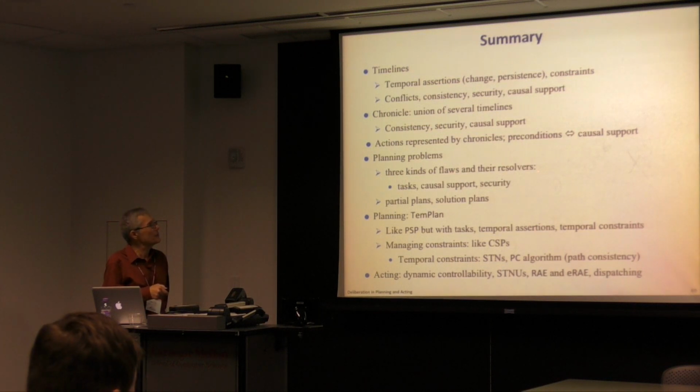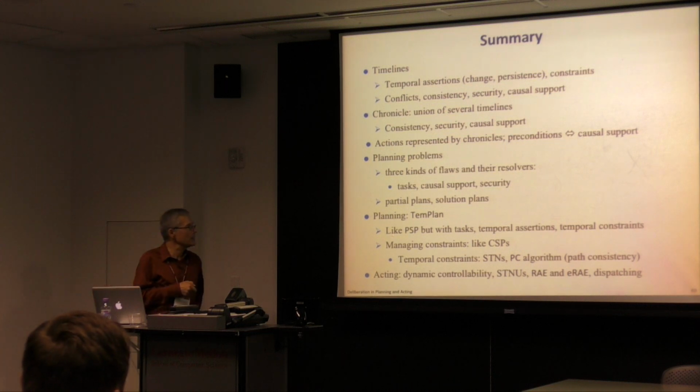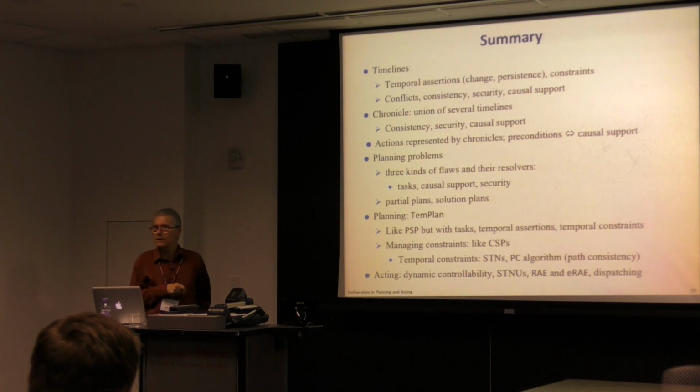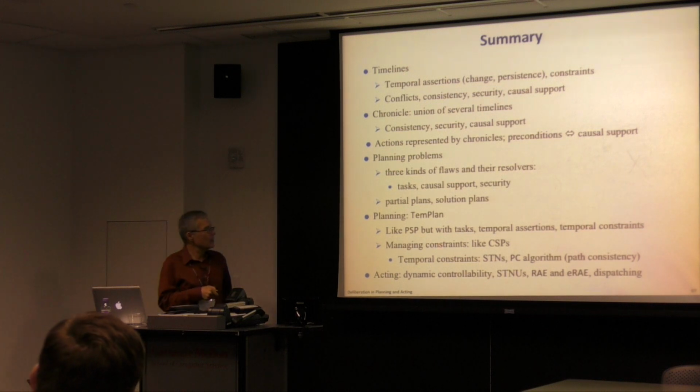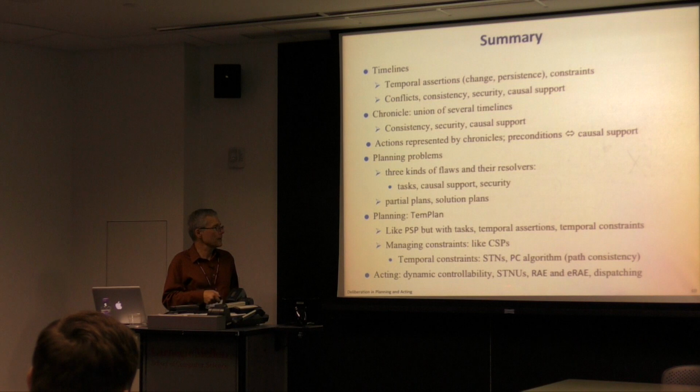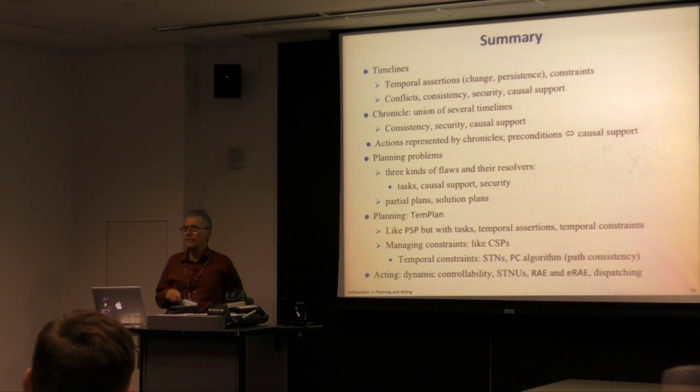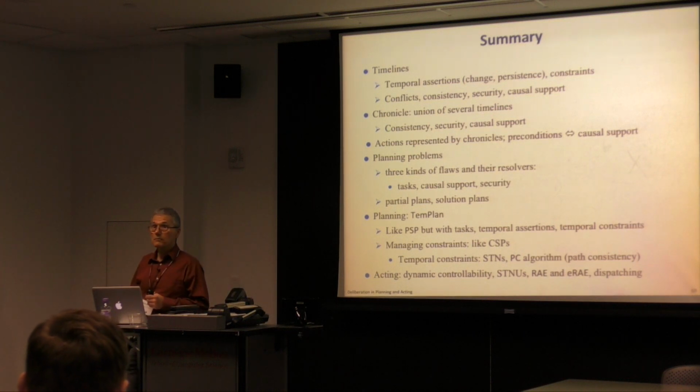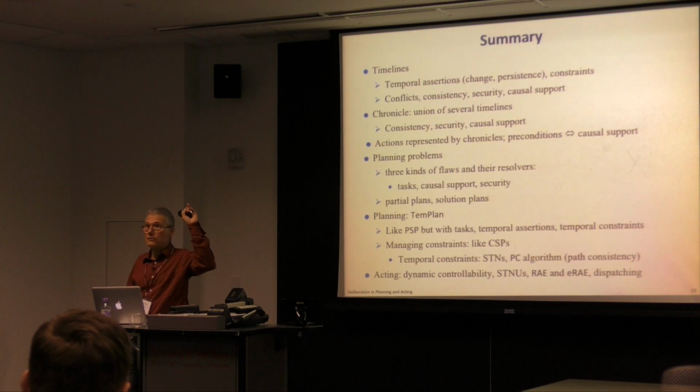The flaws that you can have, how to resolve them, and they can be used, therefore, to represent partial plans and solution plans. Planning using Templan, which is like plan-based planning, except it has all the temporal stuff in it, as well as tasks. How to manage the constraints. And then finally, some stuff about acting and dynamic controllability. All right? Any questions about any of that stuff?